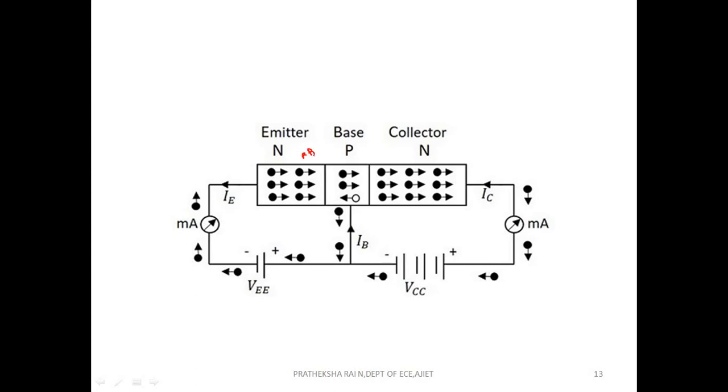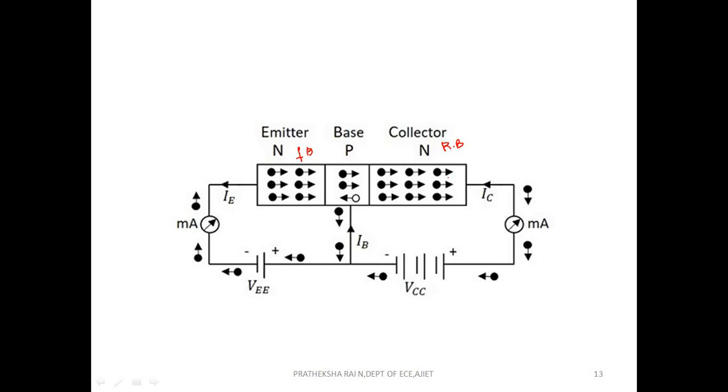Okay, it looks like reverse biased only, so the emitter base is forward biased, and in case of collector base it is reverse biased, right? If reverse biased, we have already studied that there will be flow of minority carriers, which is also called reverse current.